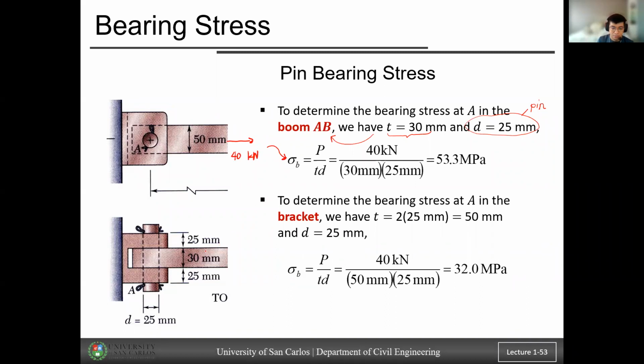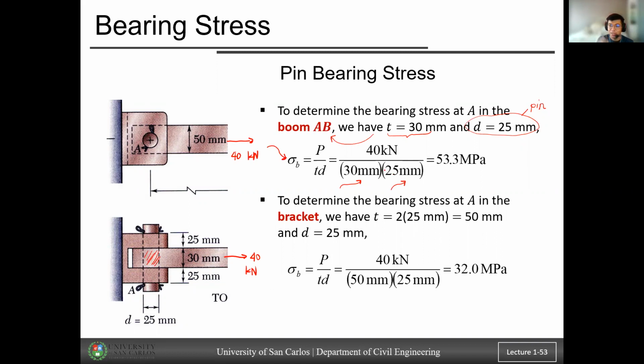Again, by definition, this one is 40 kilonewtons again. The contact points of the bearing stress is this one, so that is what will fail. So you have 40 kilonewtons in the force, divided by the thickness of the material times the diameter of the bolt, which is 25.